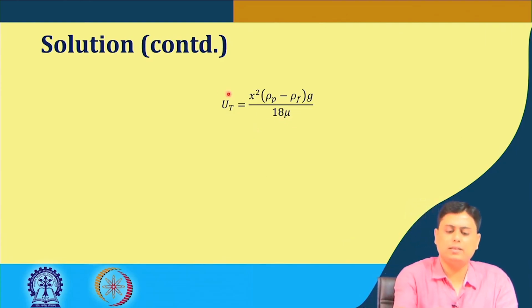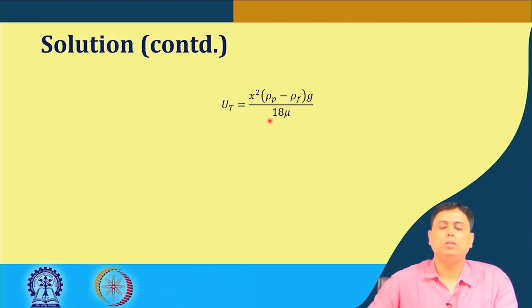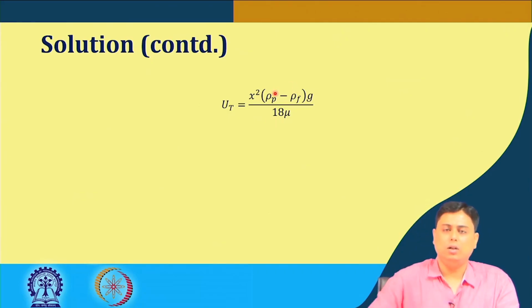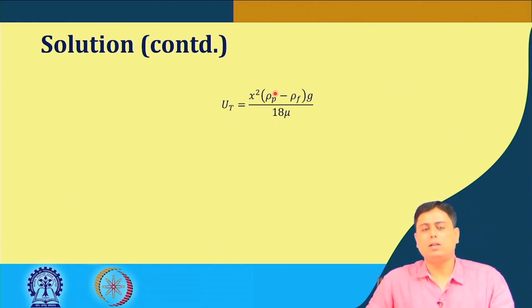If you look at it, this terminal velocity is inversely proportional to mu. So if you change only mu, it will similarly influence both the particles. But if you change the rho, it will not similarly influence, it will have a different effect.